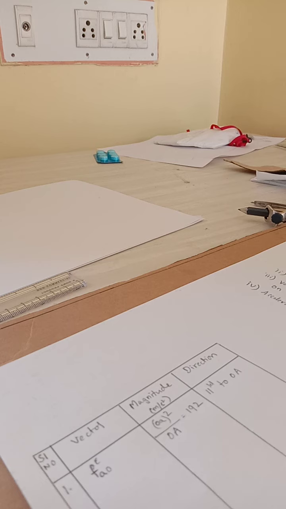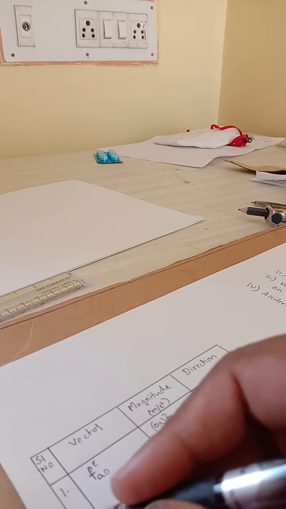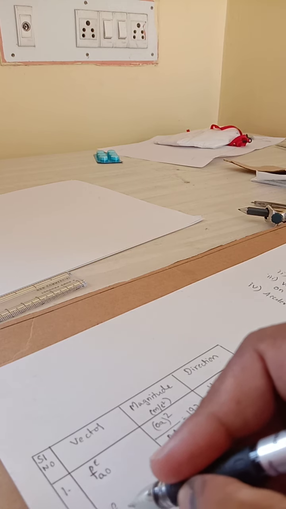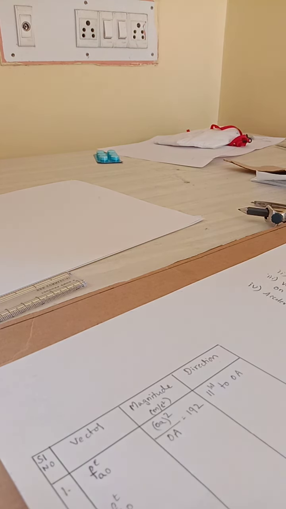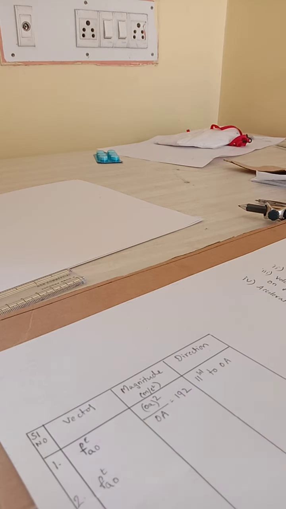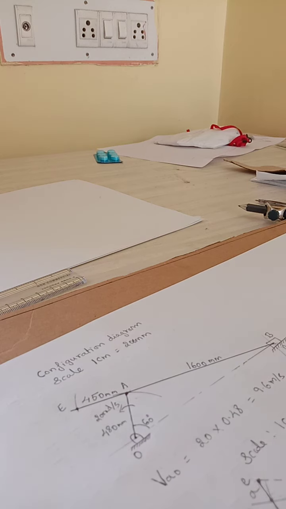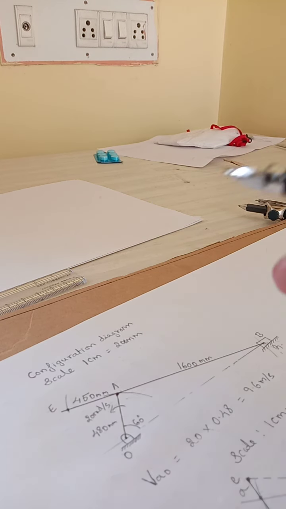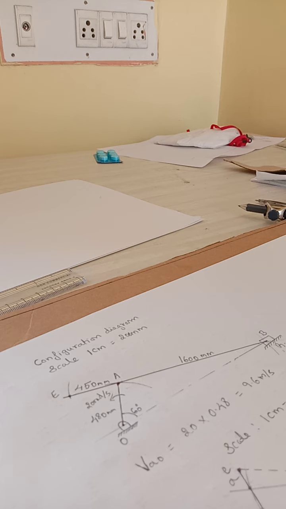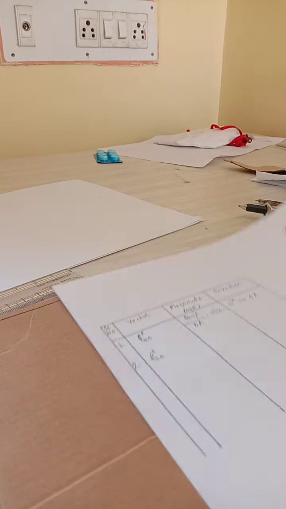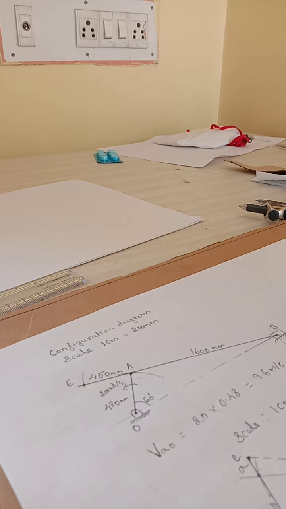Now we'll come to the second thing, that is the tangential component of A with respect to O. In this problem, alpha is not given. To calculate the tangential component we need alpha OA, but it is not given, which means the link is rotating with uniform velocity.